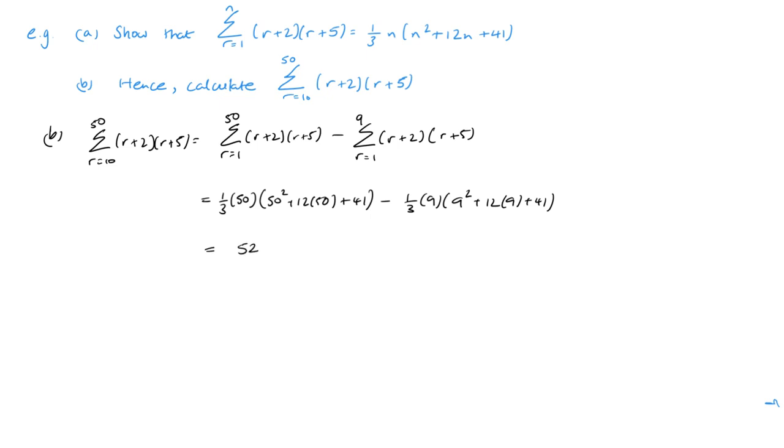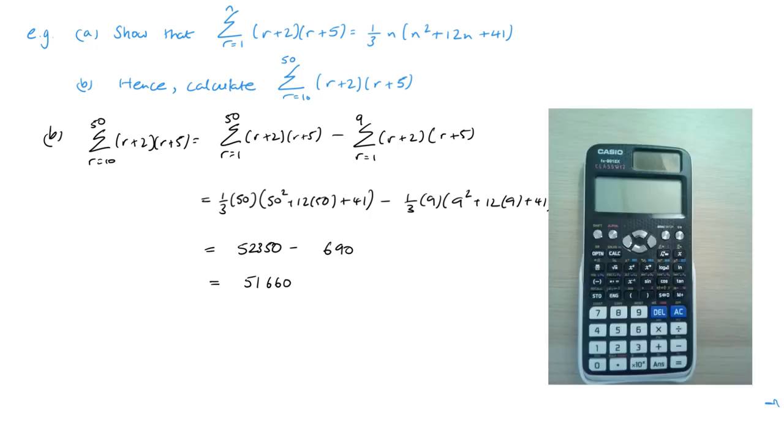This is 52350 minus 690, and this is 51660. Now we can check the answer in our calculators just using the sum button, and then putting in the original expression but with x instead of the r.